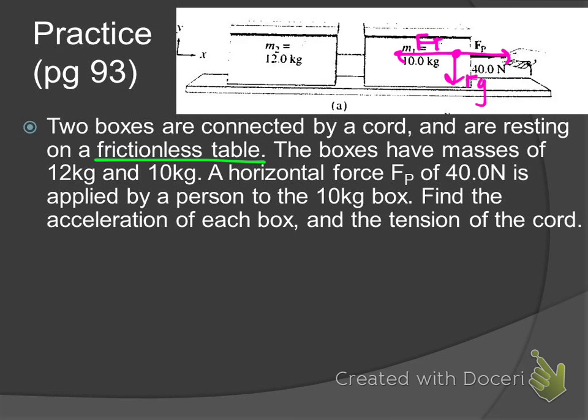And then we've got gravity and the normal force. Okay, do we really care about our vertical forces here? No, we're not accelerating vertically. There's nothing else going on here crazy. Doesn't mean we don't have to draw them, but we're not really concerned with what their value is at this point. Okay, this box, we've got gravity, normal force, and what other force is going on with this box?